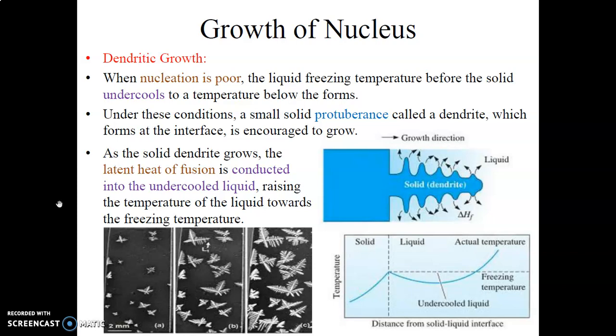So this is actually produced due to the temperature difference. Here you can see undercooled liquid. So it will form some dendritic shape. As the solid dendrite grows, the latent heat of fusion is conducted into the undercooled liquid, raising the temperature of the liquid towards the freezing temperature.